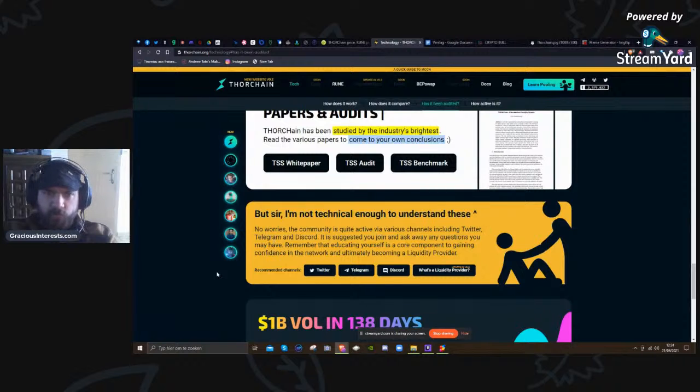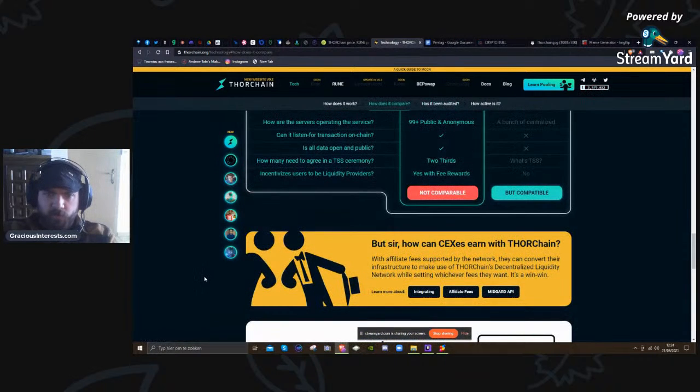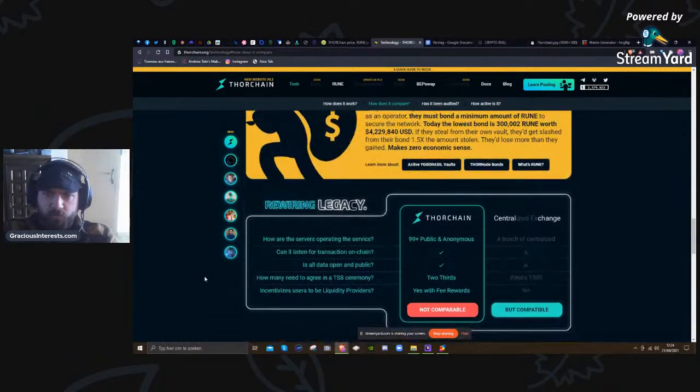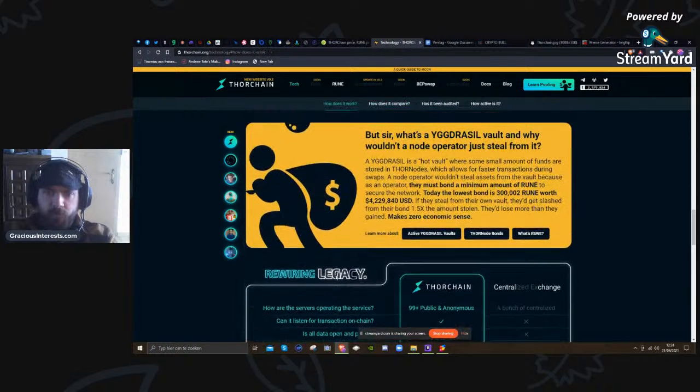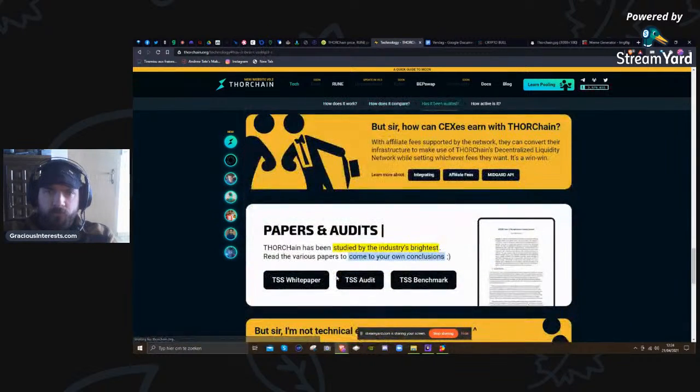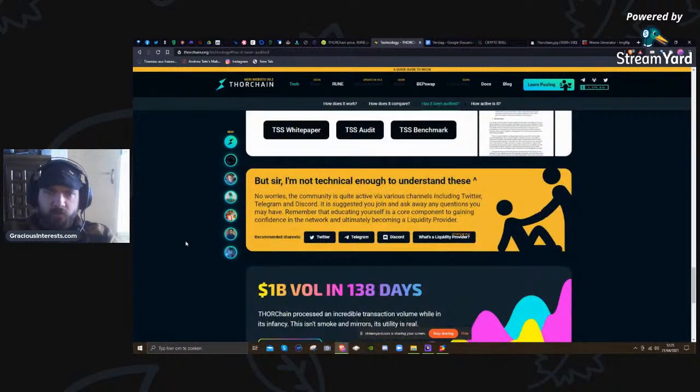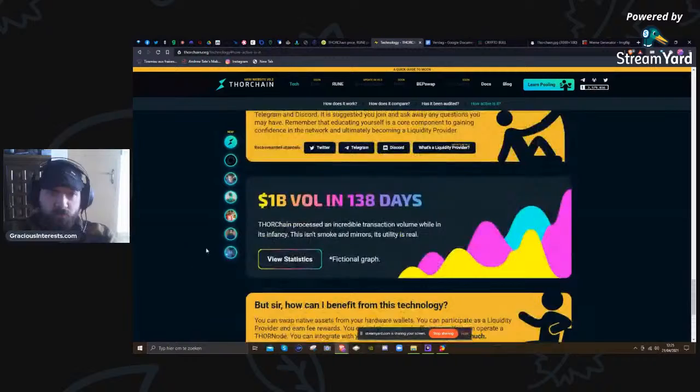So okay, they refer to the community if everything is a bit too complicated. Can it list for transaction on chain? So our things. Audits, so yeah, they have audits.